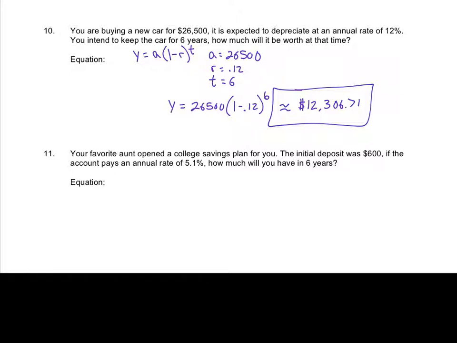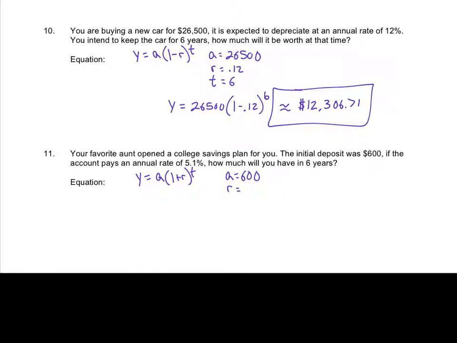Finally, you are opening up a savings plan with a deposit of $600. It's going up at a rate of 5.1% over 6 years, so we are using the growth model. Y equals A times 1 plus R to the T. Our starting amount is 600.